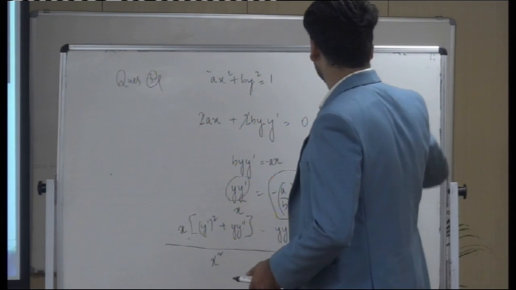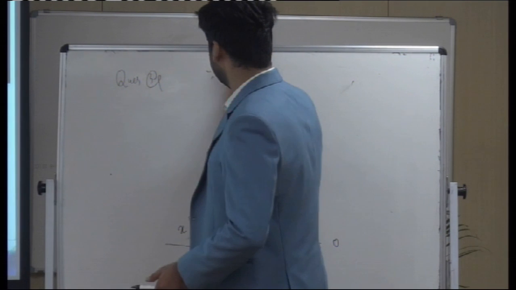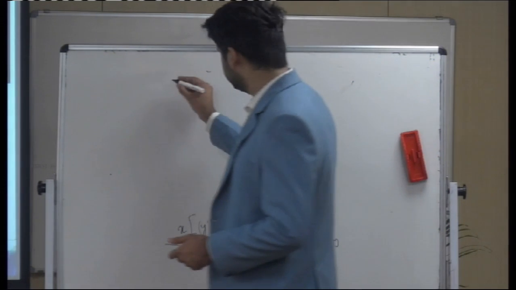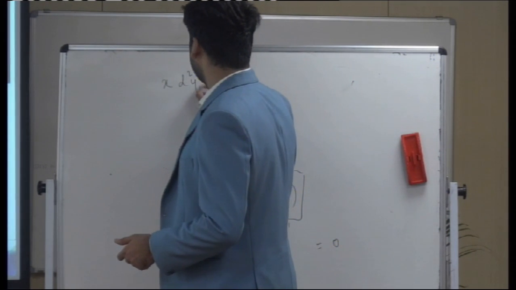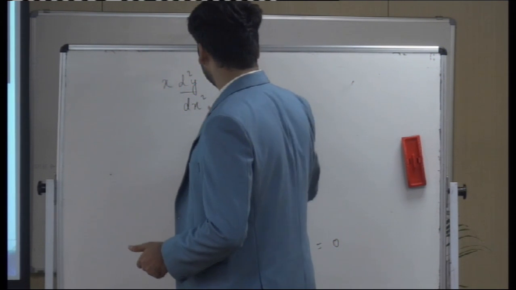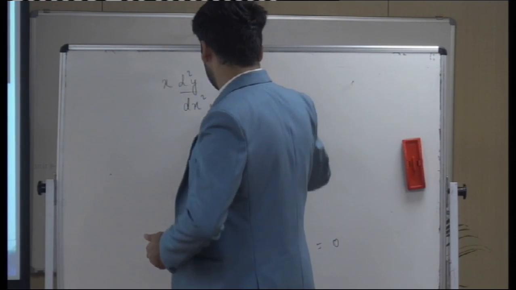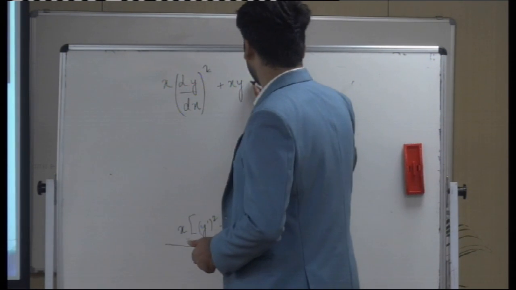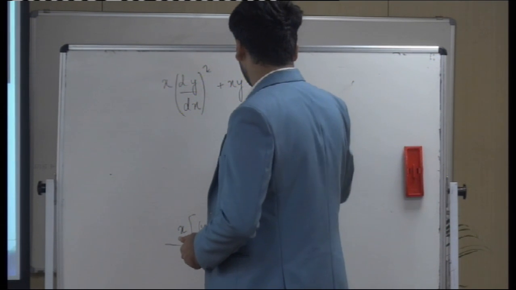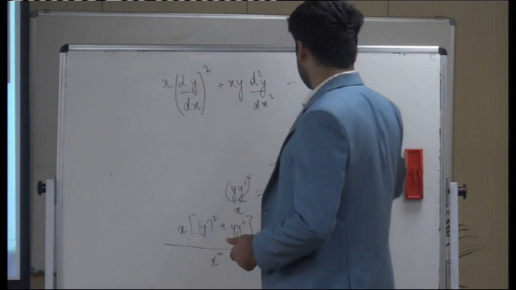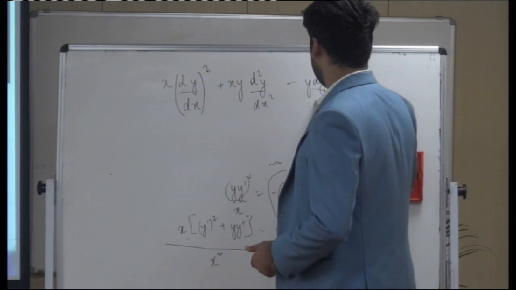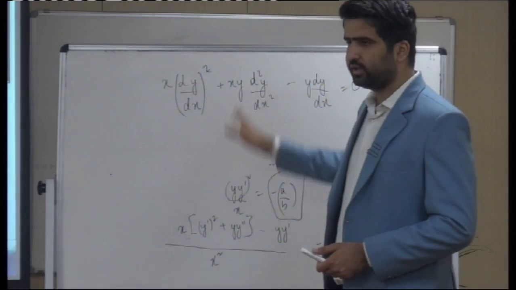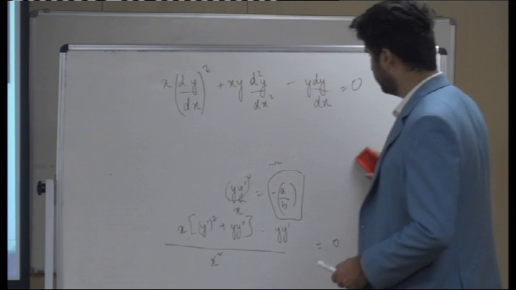So the final equation, can we cancel this x square? x square can be multiplied with 0. So what do we get? x d2y upon dx2 plus dy upon dx whole square plus x into y into d2y upon dx2 minus y into dy by dx is equal to 0. So what is the order of this equation? 2, and the degree is 1. Okay.